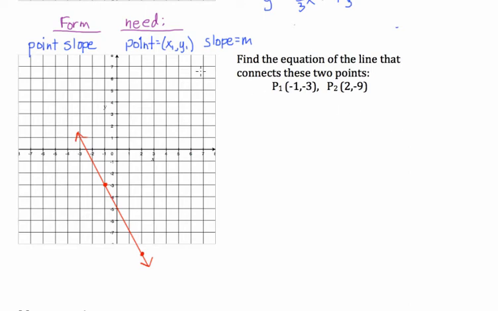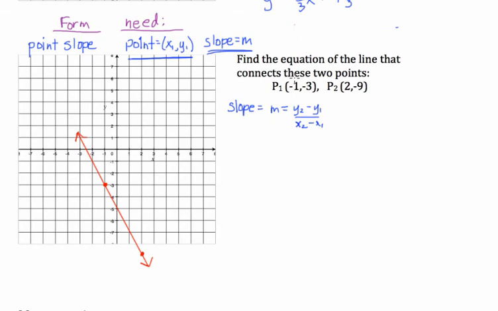So in order to use point slope form, we're going to need at least 1 point. We've got actually 2, and the slope. The first thing we'll have to do a little work to get is our slope, because we don't have the slope right now. But we can use our slope equation to find the slope.